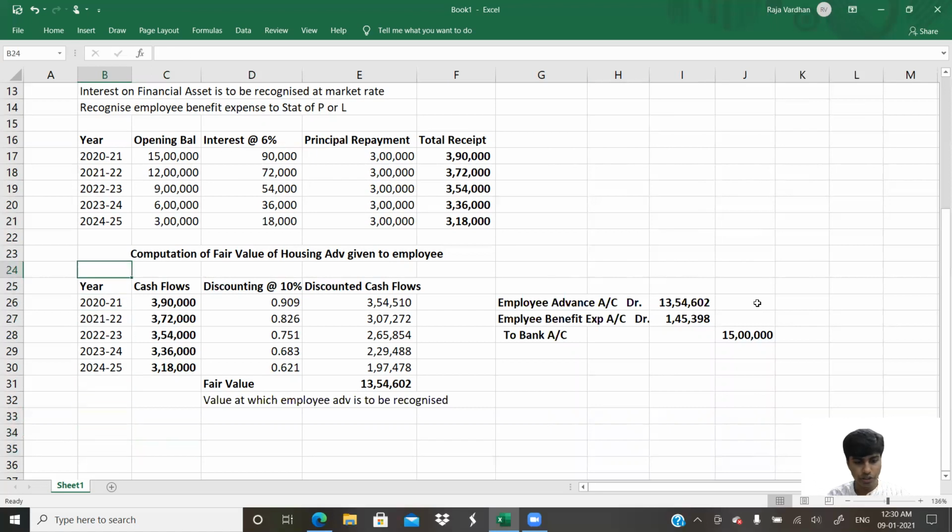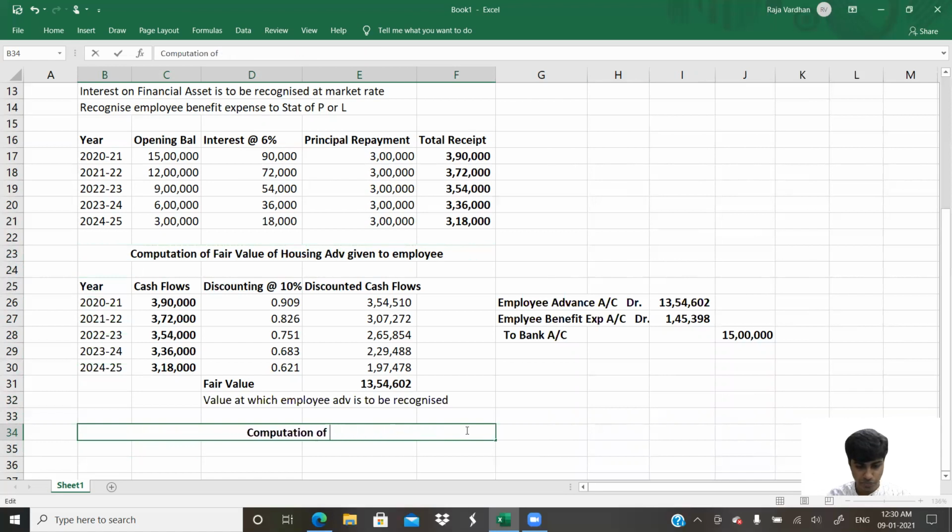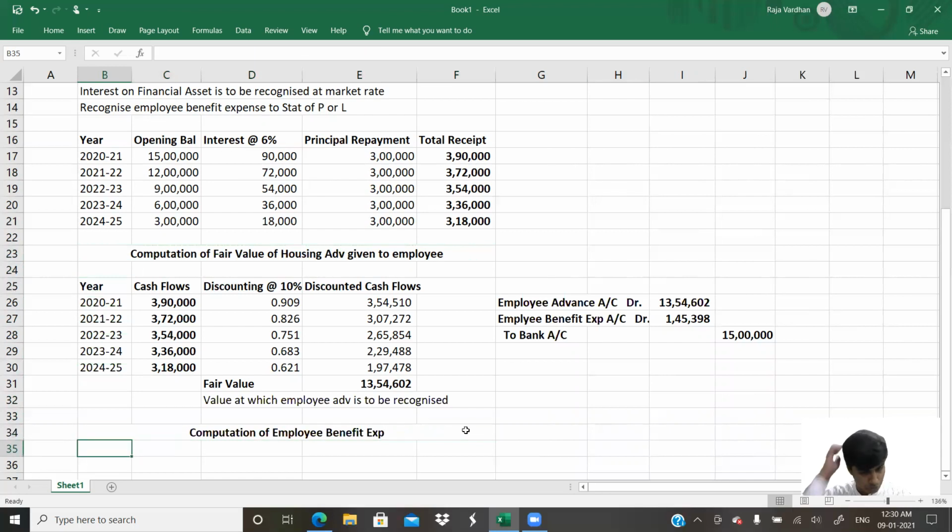What is the next one? Computation of employee benefit expense. Fair value of employee advance: how much is it? 13,54,602.